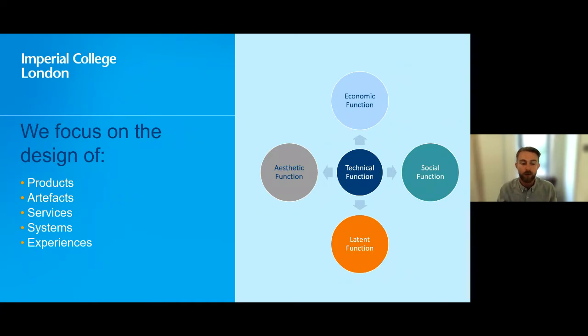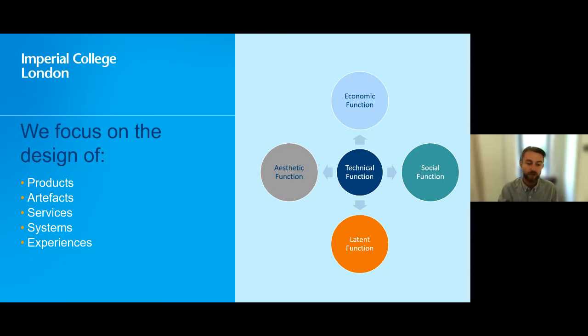So it's not just about products in terms of physical things or what we call artifacts. It's also things like systems, services, experiences. So, for example, of course, Google and Facebook are two of the largest engineering companies in the world today, but they don't principally make physical objects. They, of course, make systems and services.